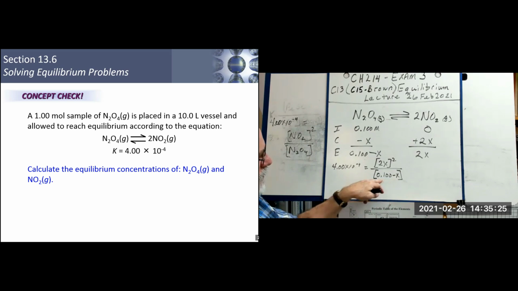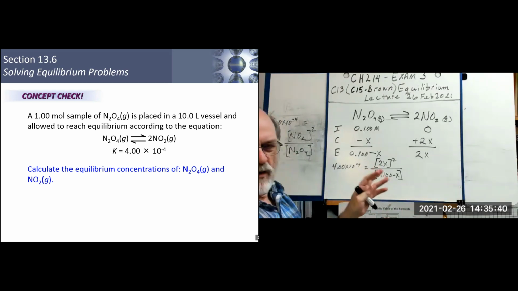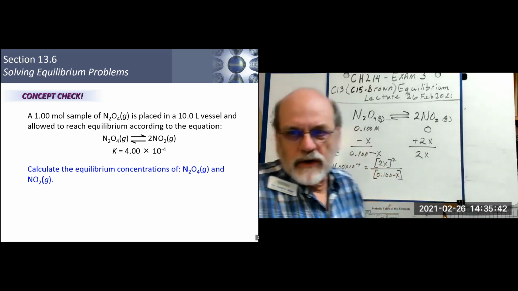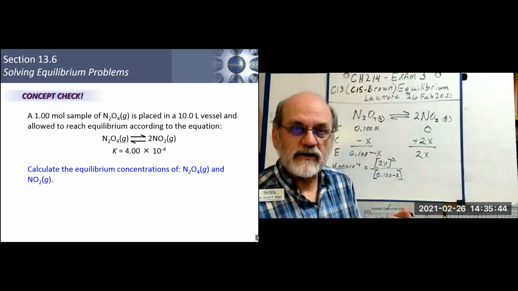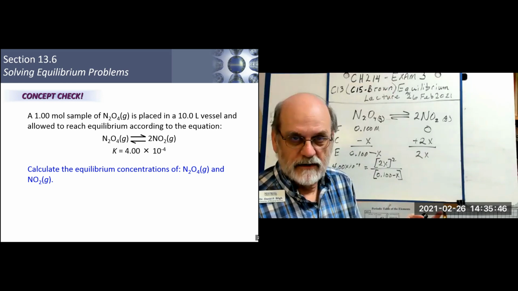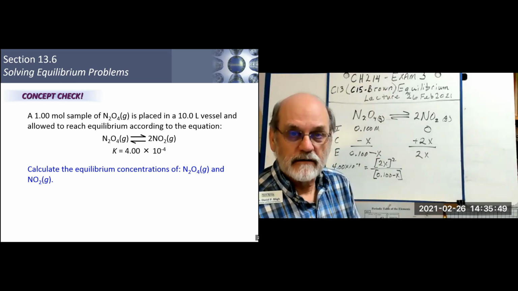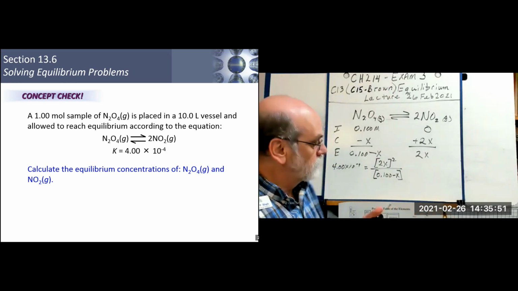Very small compared to anything that it's subtracted or added to. So as long as we only have one term that's squared, then we can take the square root. And we're good. We don't have to use the quadratic. Quadratic only operates when you have an x squared and an x. But if you only have an x squared, then square root works every time.